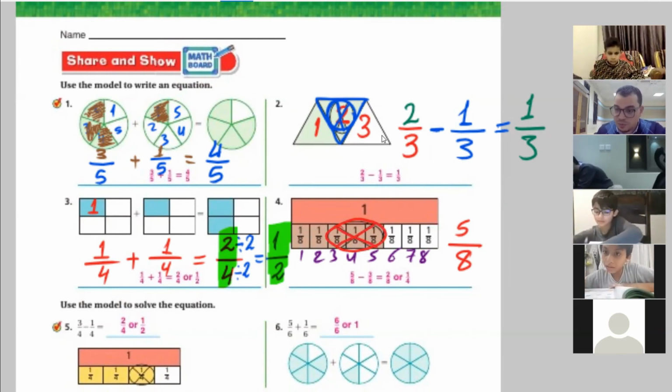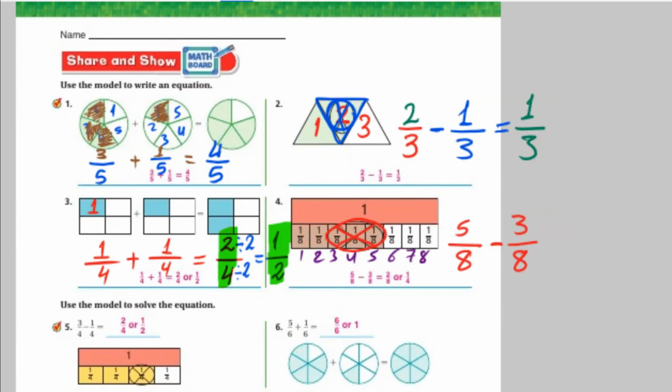So we're gonna add or subtract here? Subtract. Okay, so we're gonna put the 8 the same. And how many parts we're gonna subtract, Ahmed? 3. So the answer will be 2 over 8.